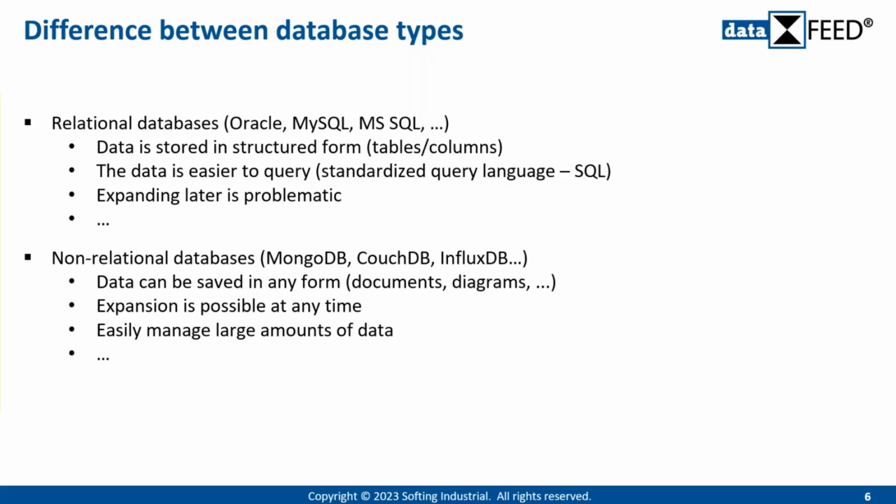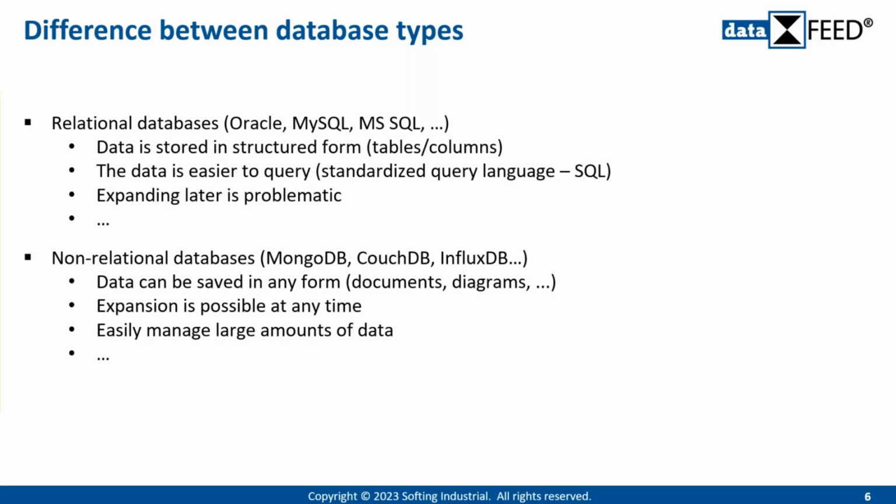For the non-relational databases, I personally call these more modern databases, like MongoDB or CouchDB or InfluxDB. They save the data in a different kind of form, like a document. Everyone knows a Word document, and for example, MongoDB is a document-based database storing the data like a document. And all of you know, a document can be extended without any problems.